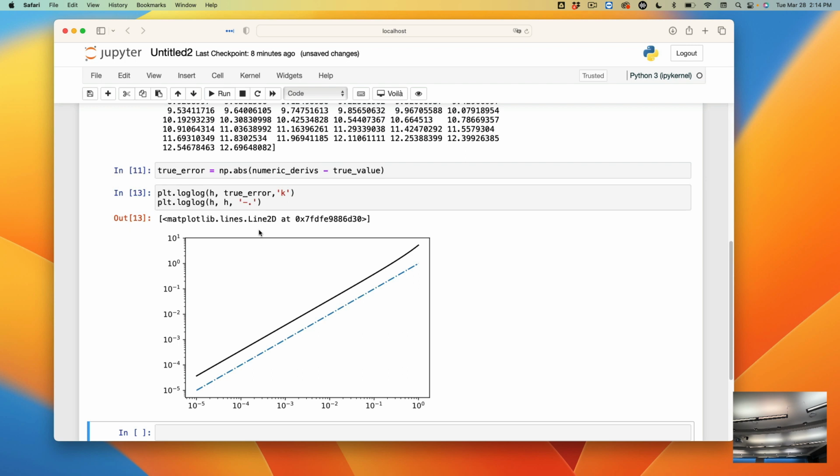So the log of h has just slope 1, right? The coefficient of log h is 1. So it cuts it right in the middle, okay? And so given that they're parallel, they have the same slope. This one has slope 1, so therefore this one has slope 1. What does that tell us about the method? That the method is first order.